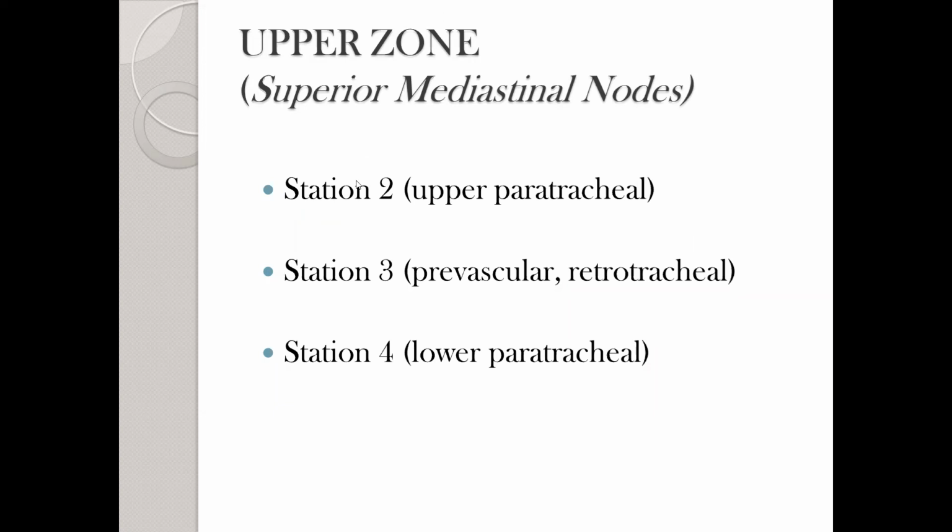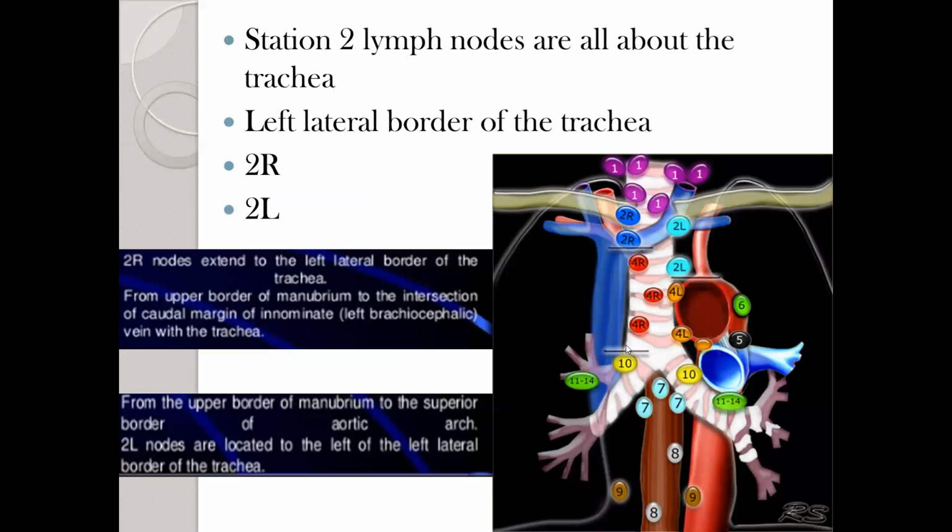holds 3 stations. So the superior mediastinal nodes, which are separated into station 2, station 3, and station 4. Starting with station 2. Station 2 is the upper paratracheal nodes. Station 3 is the prevascular and retrotracheal nodes, and station 4 is the lower paratracheal nodes.